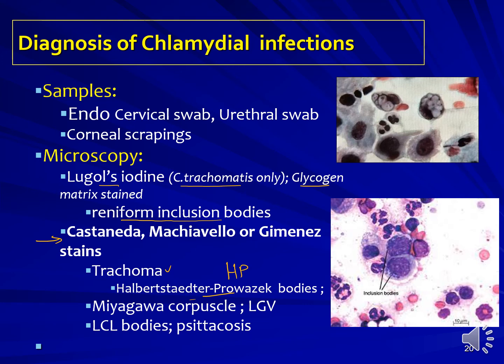Here you can see the inclusion bodies, and here also you can see the inclusion bodies. So in different diseases we call these inclusion bodies by different names. In trachoma they are called HP bodies, in lymphogranuloma venereum they are considered as Miyagawa corpuscles, and in psittacosis they are called LCL bodies.